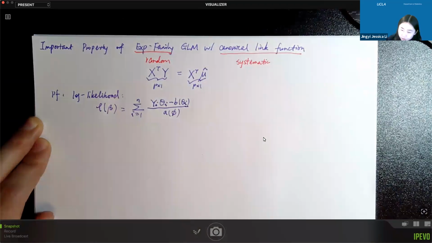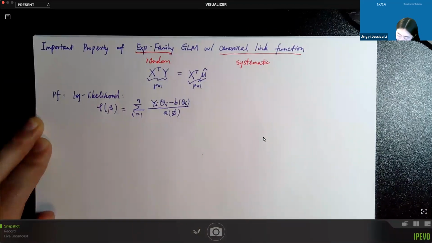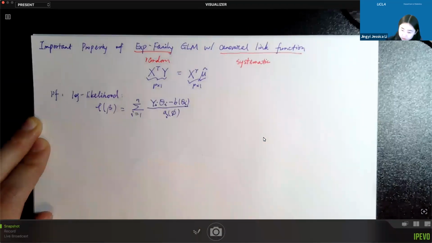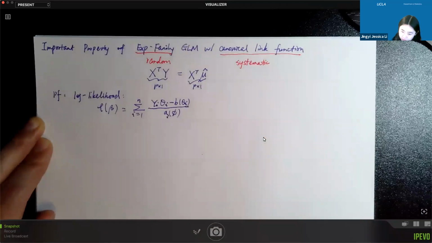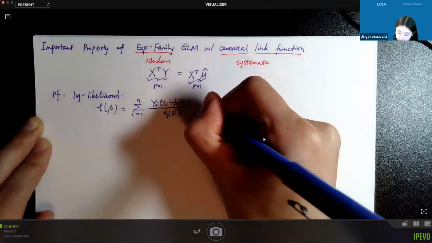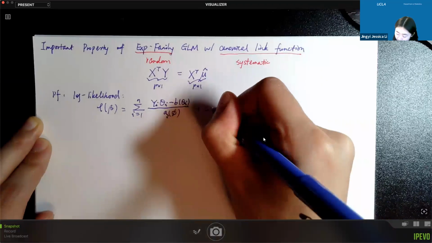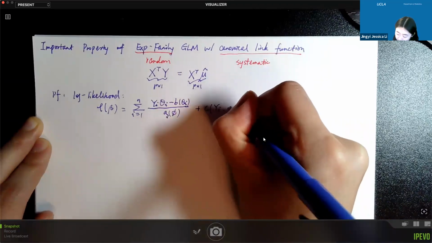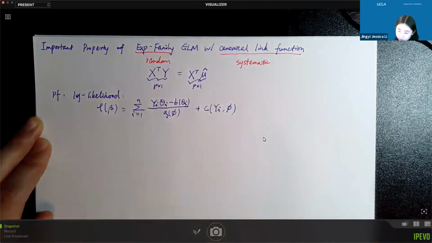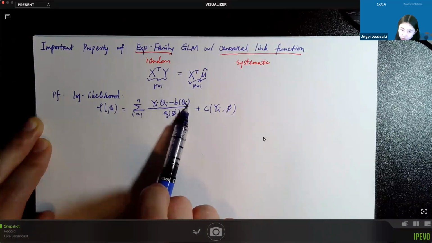Phi is the scale parameter. Sorry, I should put i here for the ith observation, for the ith distribution, plus c of yi and phi. So we are assuming that phi has nothing to do with observation i. It's a common scale parameter, and the location parameter changes with i.